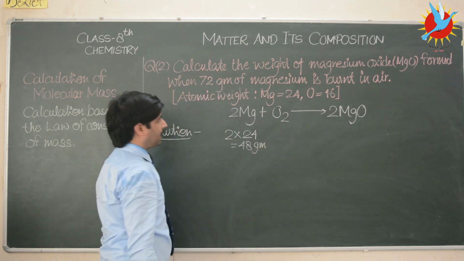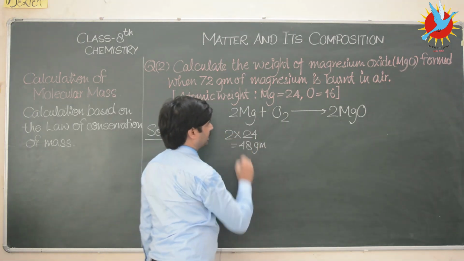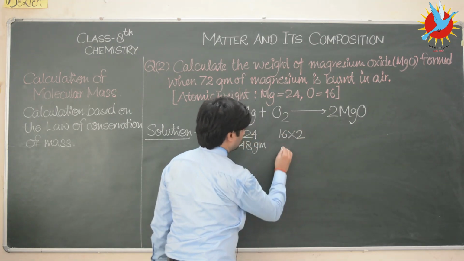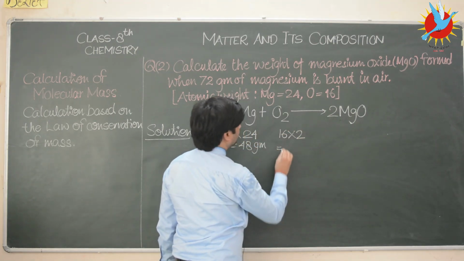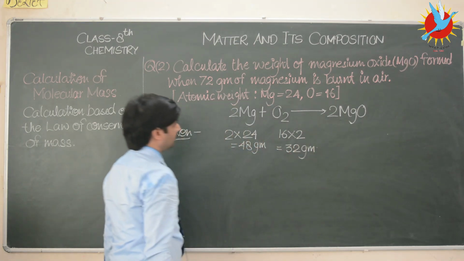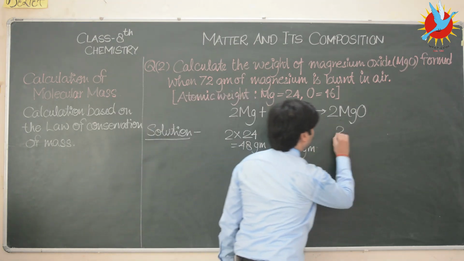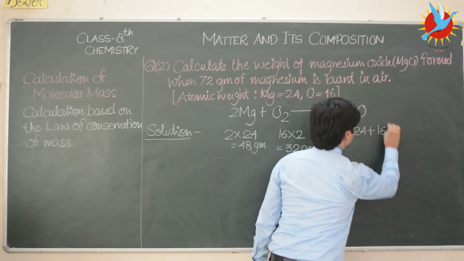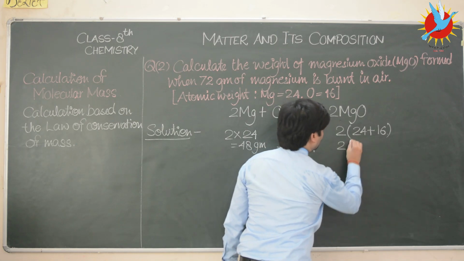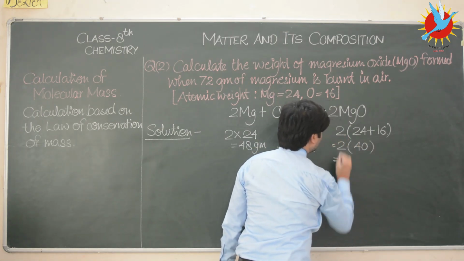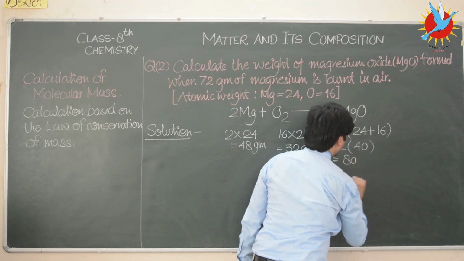So 48 gram of magnesium after burning along with 32 gram of oxygen will form 2 into 24 plus 16, that comes 2 into 40 equal to 80.